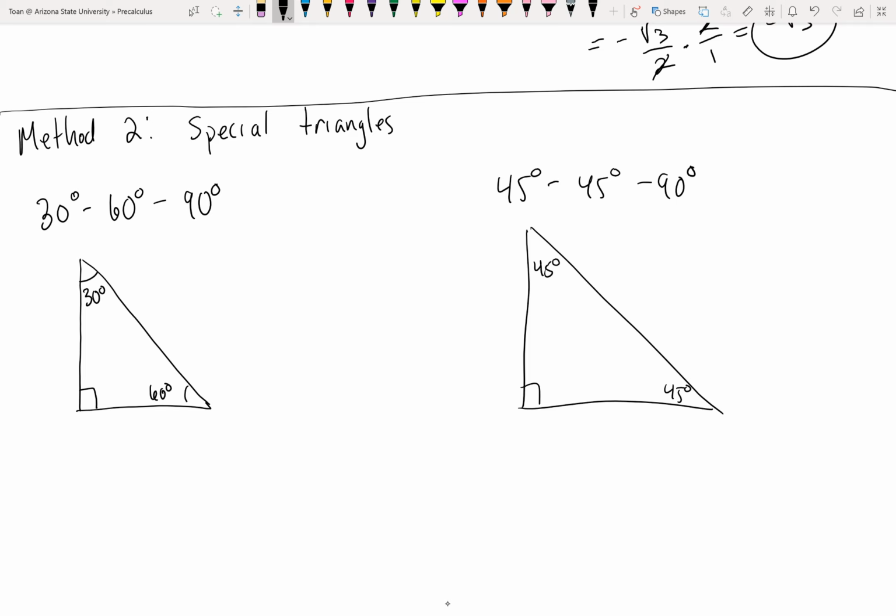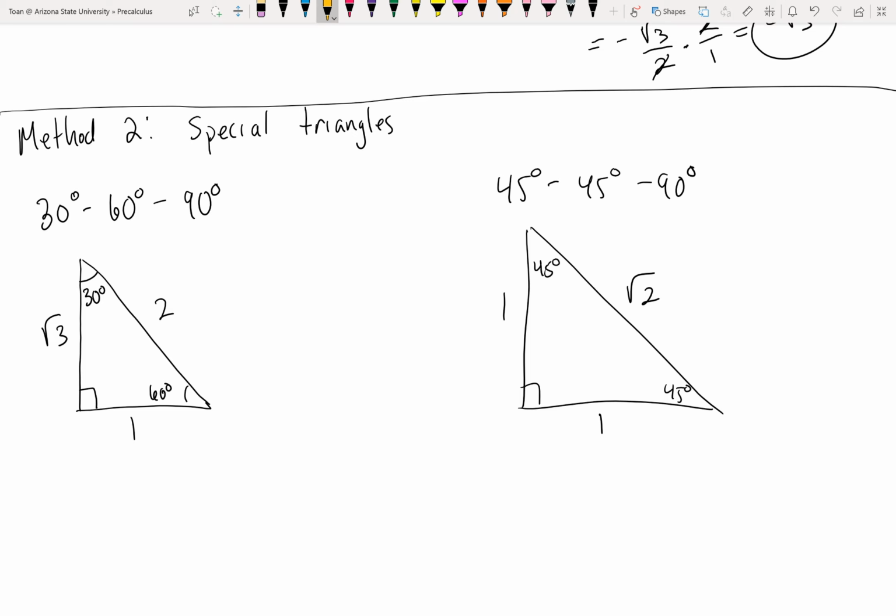The reason why we call these special triangles is because their side lengths are relatively simple. In a 30, 60, 90 triangle, you need to know that the side lengths are 1, which is opposite to the 30, radical 3, which is opposite to the 60, and 2 for the hypotenuse. I like to think of it as 1, 2, square root of 3. And for the 45, 45, 90 triangle, the side lengths are 1, 1, and the hypotenuse is radical 2.